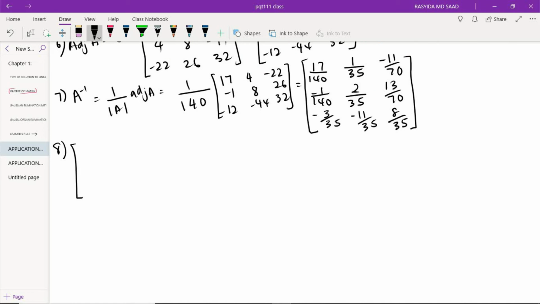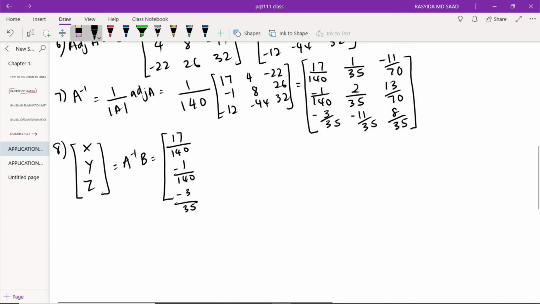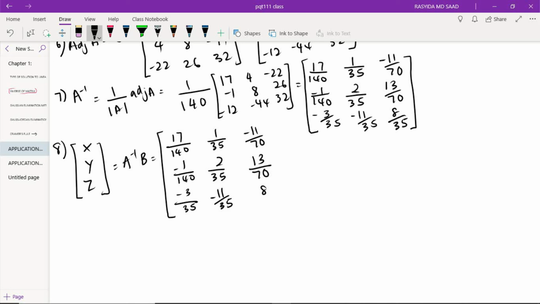X, y, z is equal to the inverse of A multiplied with matrix B. So we have right now the inverse of A: 70 over 140, negative 1 over 140, negative 3 over 35, 1 over 35, 2 over 35, negative 11 over 35, negative 11 over 70, 13 over 70, 8 over 35.